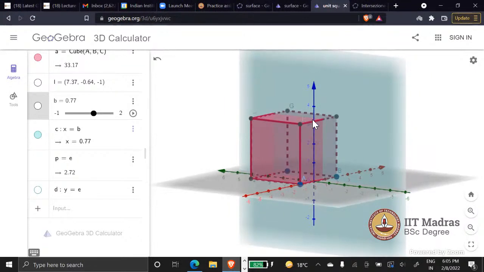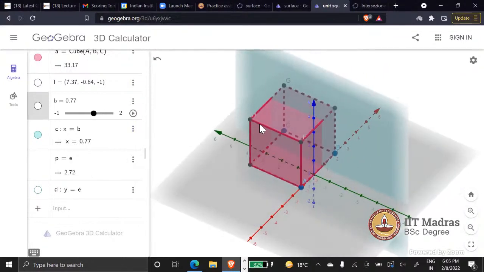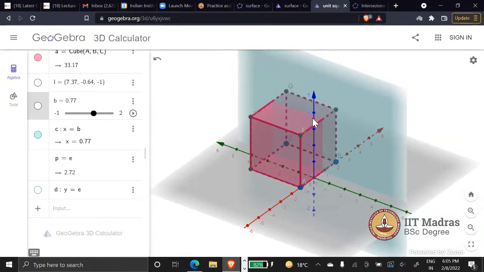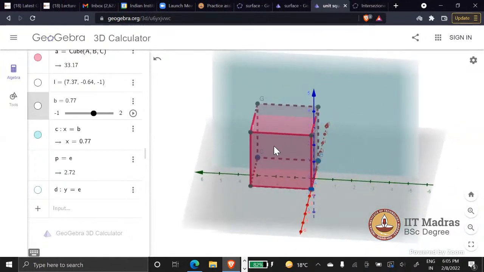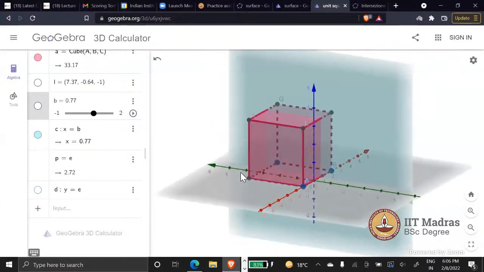On the z axis, this point is fx, where x is, in this case, 0.77. So f(0.77, y), and the horizontal axis will be y. Y will vary, in this case, from somewhere around minus 3.2 to 0.